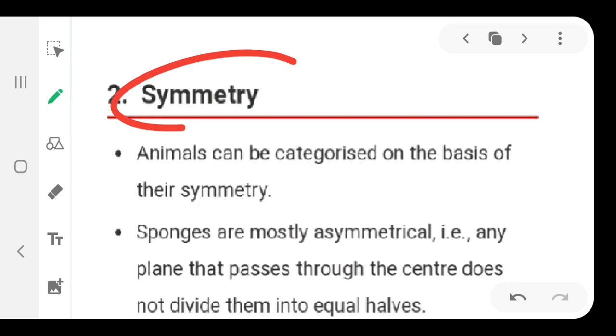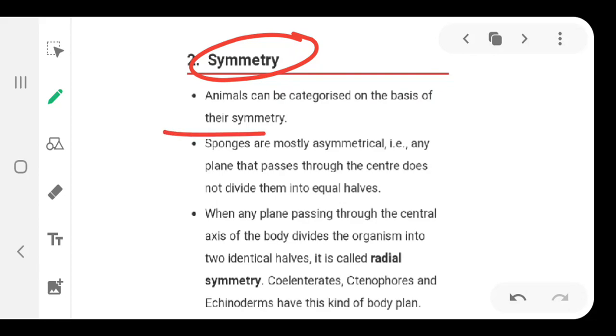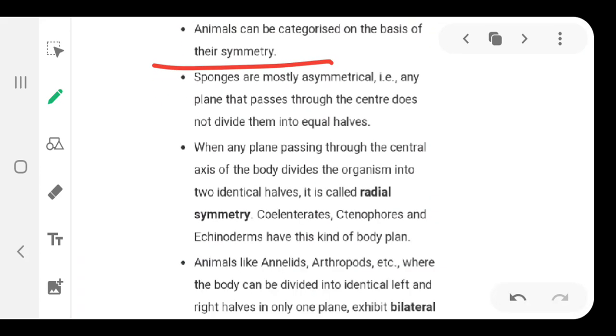First is symmetry. What do you mean by symmetry? Animals can be classified on the basis of their symmetry. In your book we have 2 symmetrical patterns. If there is no symmetry in the body line, we call them asymmetrical.